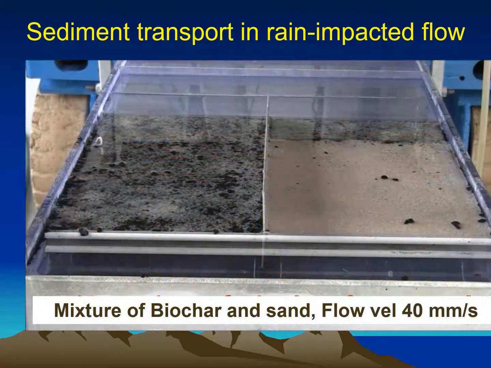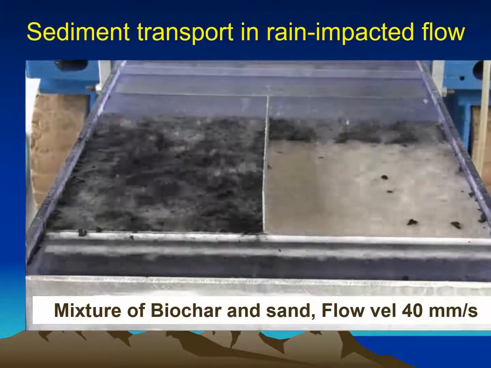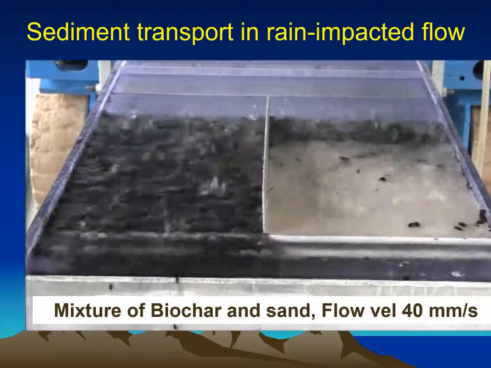In this experiment we have water flowing over a mixture of biochar and sand on the left hand side and at the top on the right hand side. When the rain starts, there's a flush of fine material moving in complete suspension.